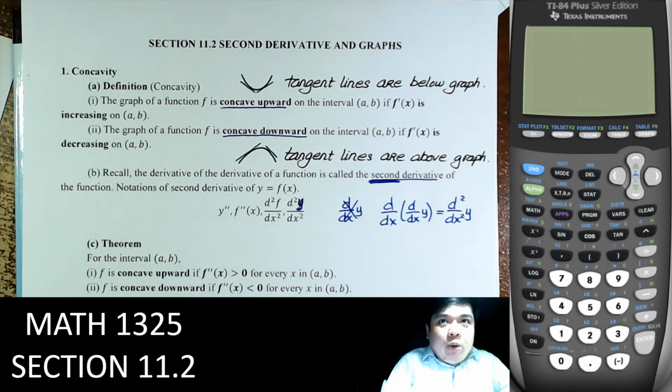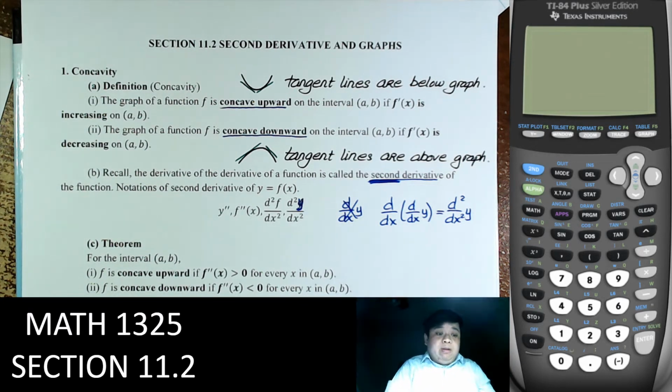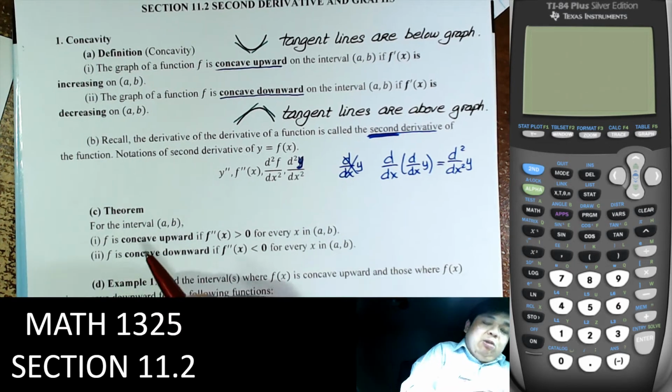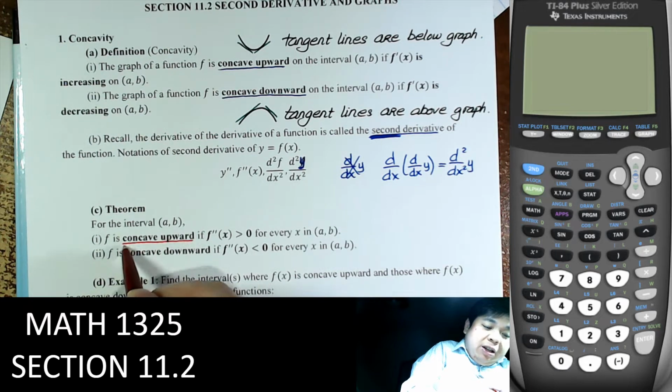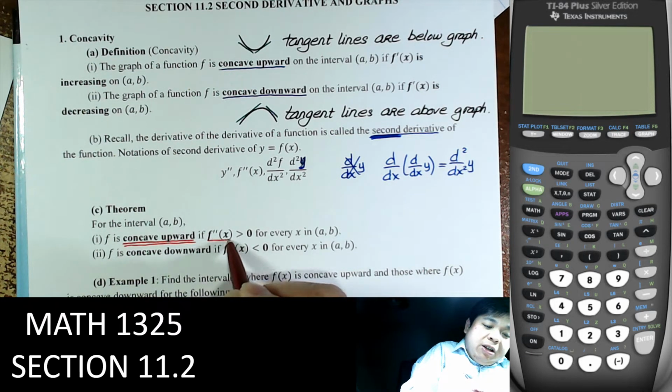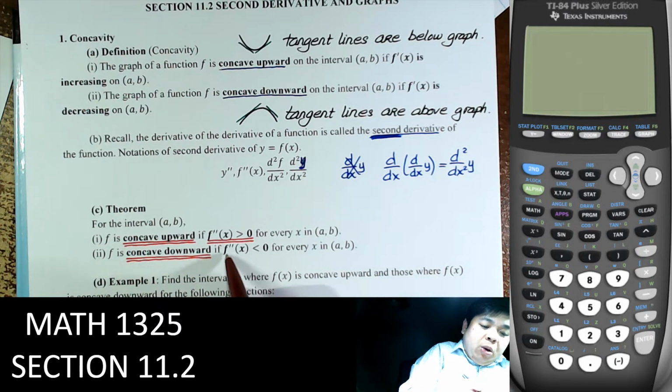Now in terms of the derivative, in particular the second derivative, what can we say? It's easier. It is concave up if the second derivative is greater than 0, and concave down when the second derivative is less than 0.